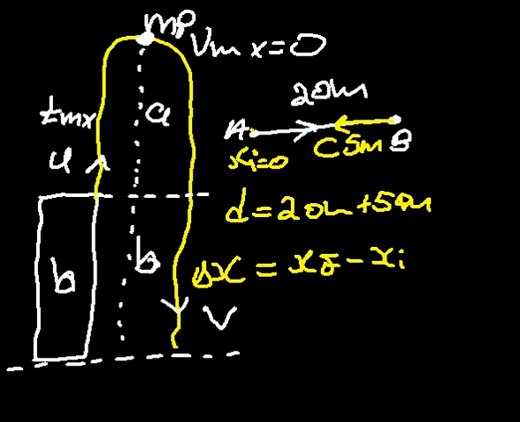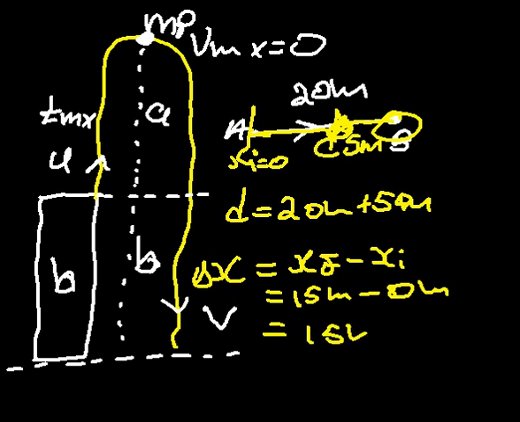Now if the whole of this is 20 meters, the object is here at this point, 5 meters away from this point. So this distance will be 15 meters, which means the final position is 15 meters, minus the initial position, which is 0 meters. So the displacement is given as 15 meters.